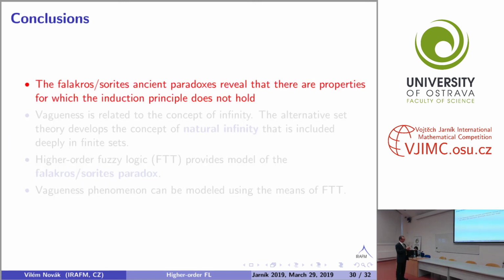So I am close to the end. What I tried to demonstrate, to persuade you about, is that the Falakros and Sorites paradoxes reveal that there are properties for which the induction principle doesn't hold. Let me emphasize that these are only examples of two simple properties.